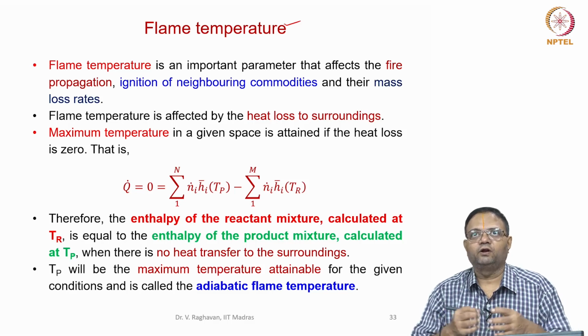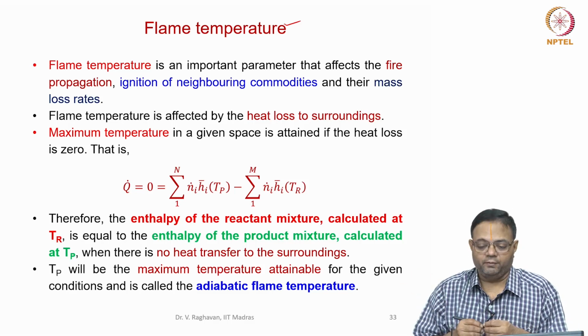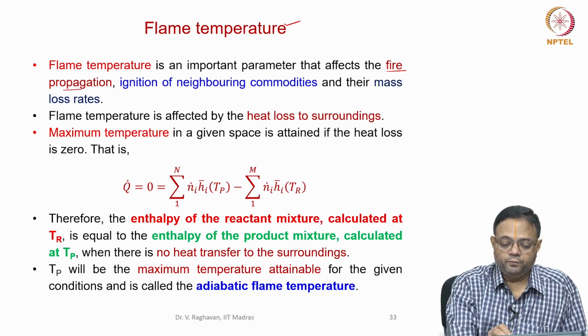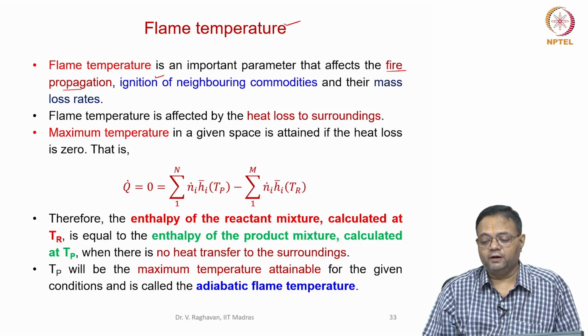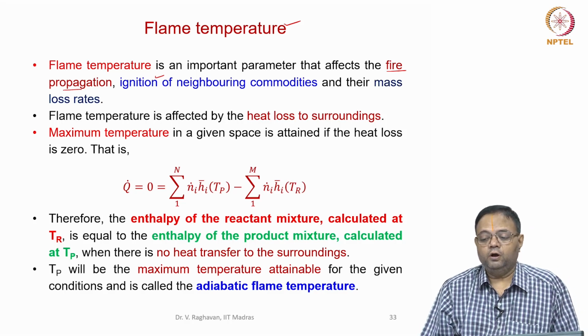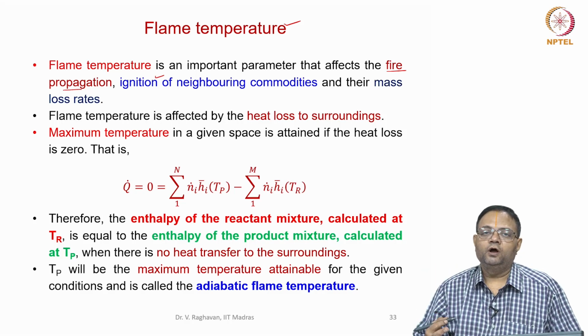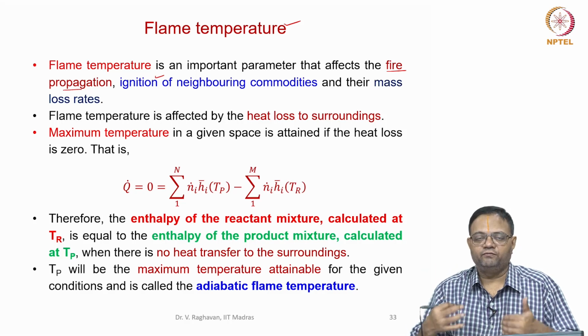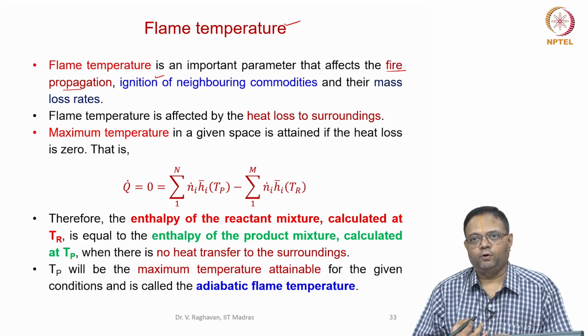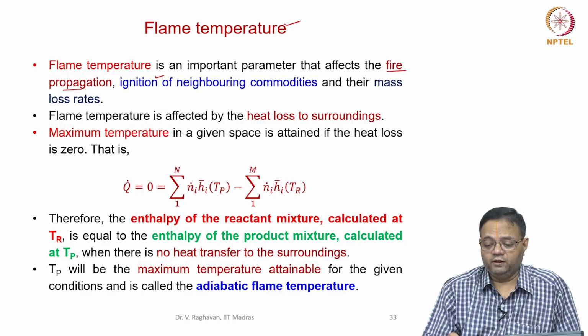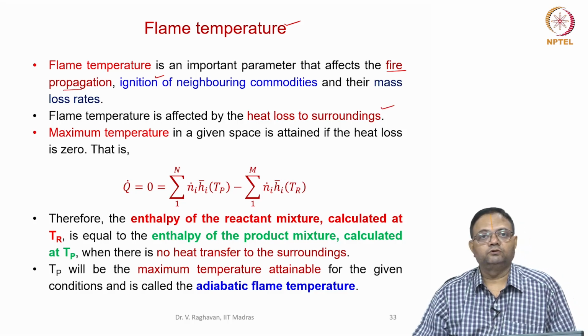The temperature rise it causes will be able to ignite the other materials. So, fire propagation, ignition of the neighboring materials or commodities, and the mass loss rate all depend on it, because if the flame temperature is high enough, then the flame heat feedback to the material will also be correspondingly higher. So, the mass loss rate also will be dependent on the flame temperature. Now, the flame temperature itself is affected by the heat loss to the surroundings.